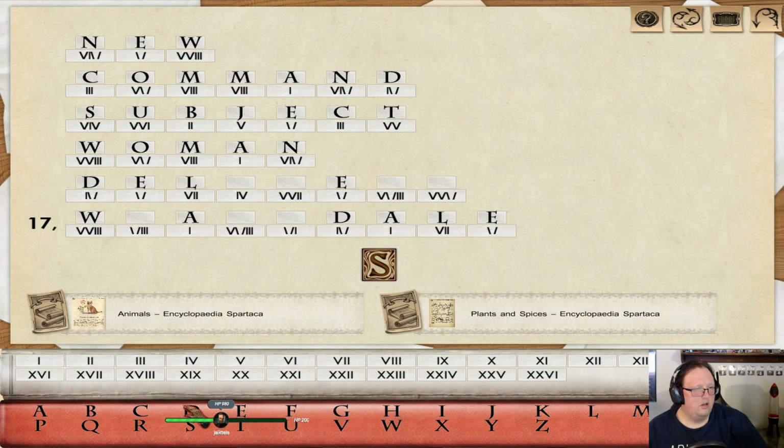4 is D. XXII. XXII is V. XVII. XVII is R. XXV.